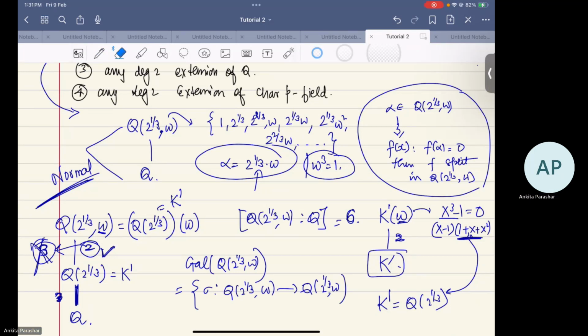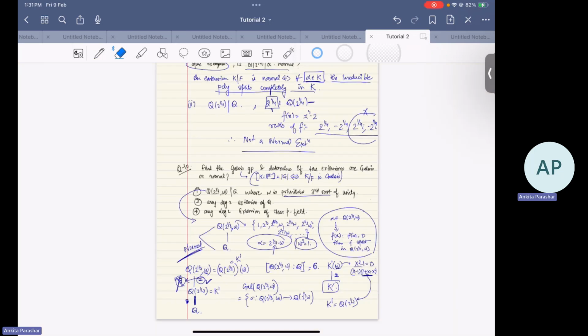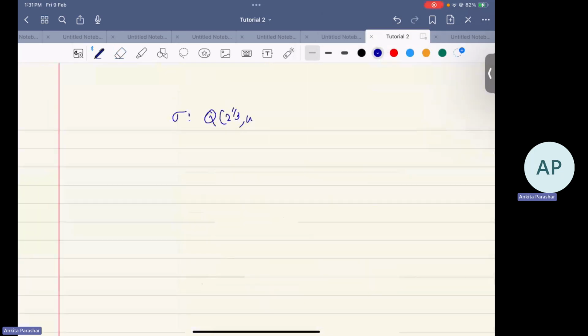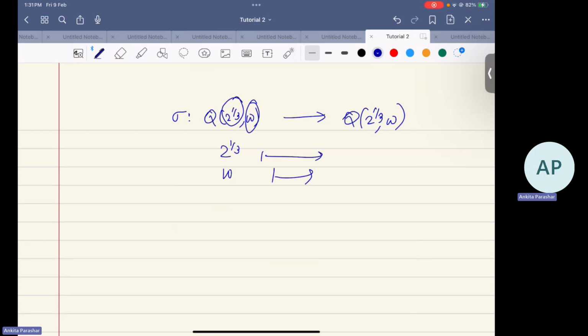Maybe let's add a page and do the calculation there. So we want sigma from Q(2 power 1 by 3, omega) to itself. Here, generators are there. You only need to know where these two things go. It's enough to know this, right? So think for a minute and write down where 2 power 1 by 3 can go and where omega can go.